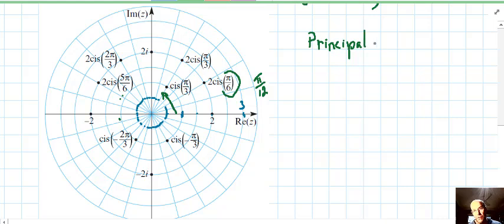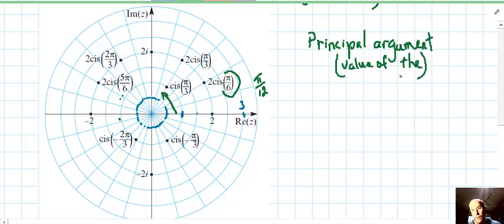because I'll go through the reasons, but the principal argument, or the principal value of the argument, sometimes that extra part of the phrase exists.